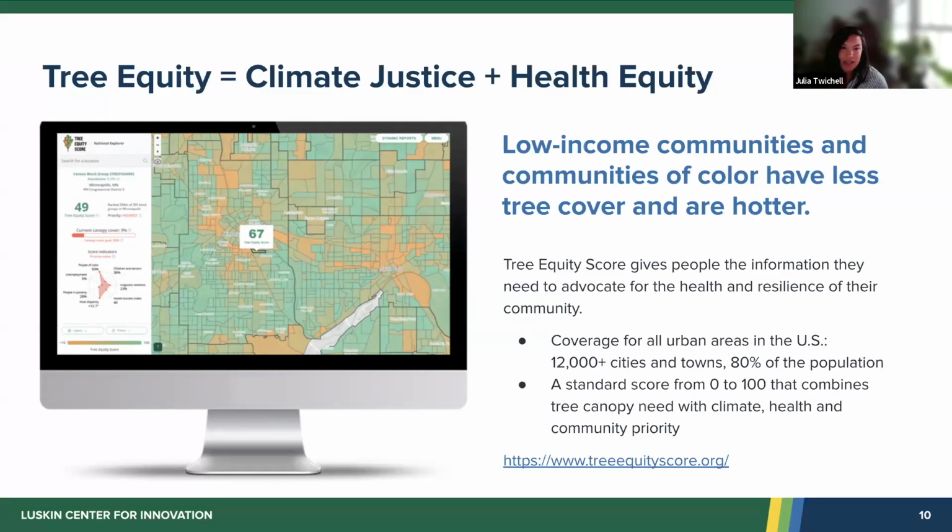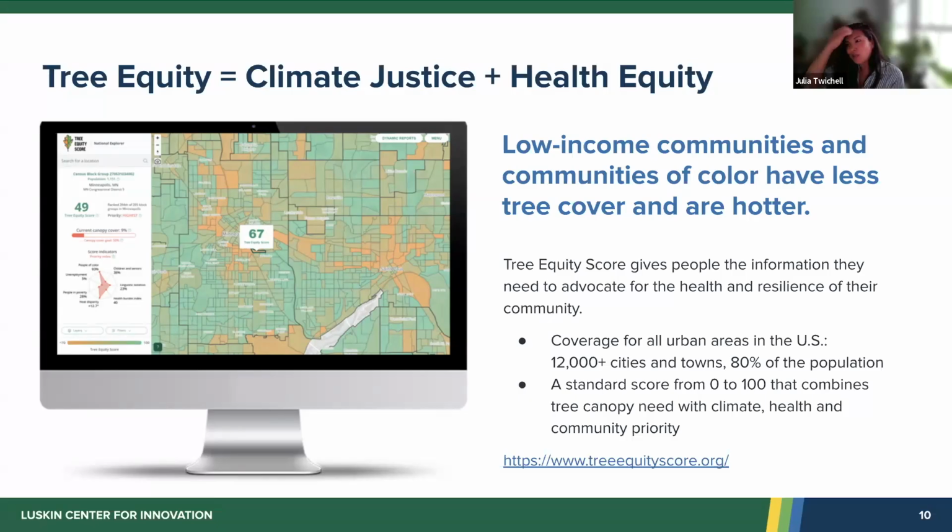And if you're not familiar with the idea of tree equity, this comes from the observation that in city after city across the United States, low-income communities and communities of color have less tree cover. They therefore receive fewer of the benefits that trees provide, like air pollution uptake, public health benefits, mental health benefits, and of course, why we're here today, shading and cooling.